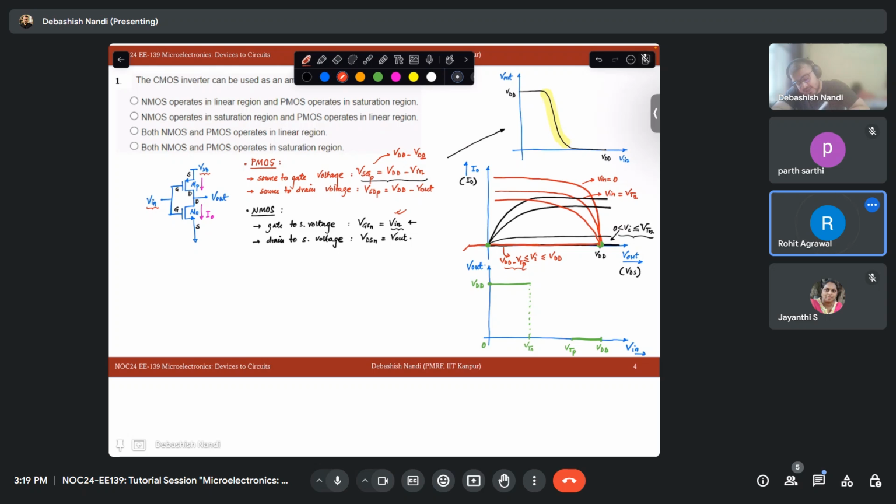Similarly, from the other side, my PMOS will start to conduct and the NMOS value will keep falling. Now what are the intersections? In this case, my intersection was this, right? And in this case, my intersection is this.